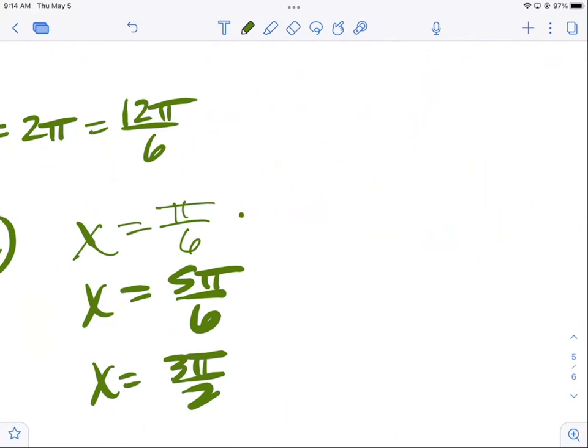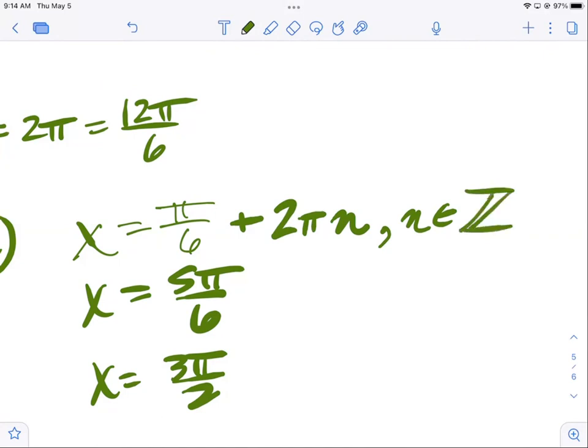So it's going to be pi 6 plus all of its coterminal angles. Coterminal angles in this case are how far apart from each other? Multiples of 2 pi. So 2 pi n, where n is a what? It can't be a real number. It has to be a whole number that's either positive or negative. We call that the integers. So that takes care of minus.